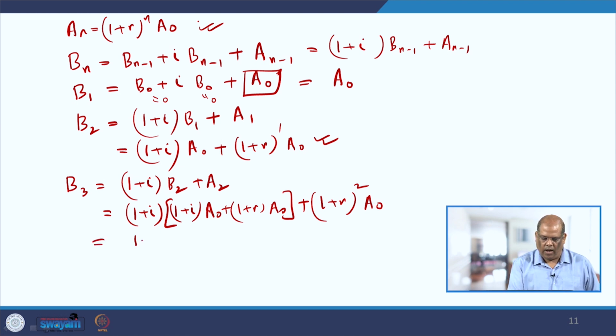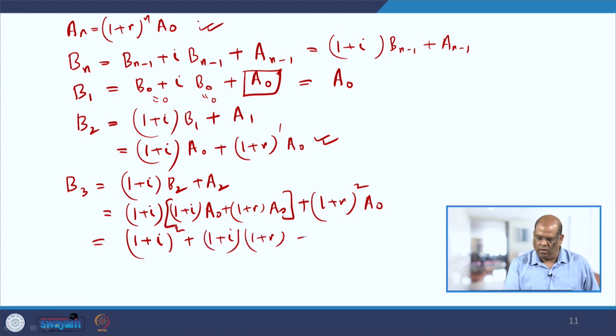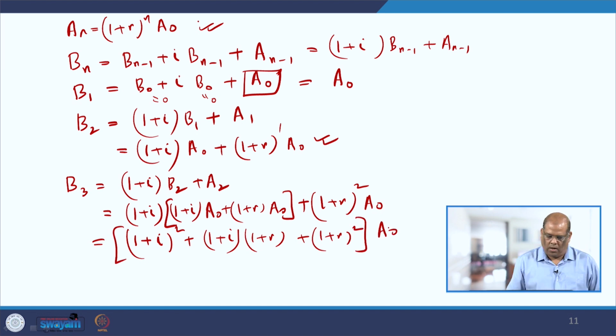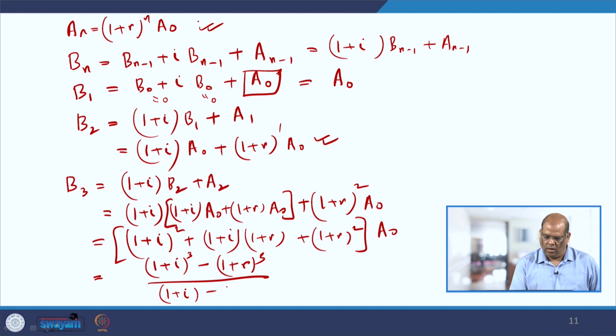So if I multiply, I can write this as [(1+i)² plus (1+i)(1+r) plus (1+r)²] into A0. And this can be written as [(1+i)³ minus (1+r)³] divided by [(1+i) minus (1+r)].